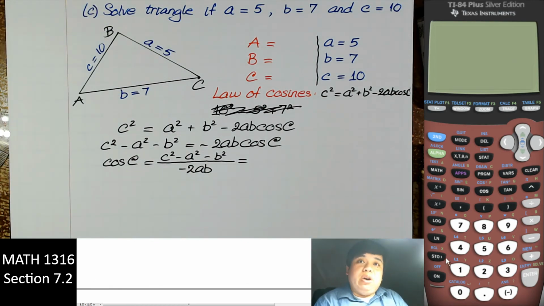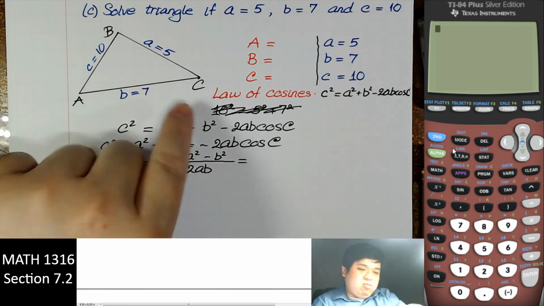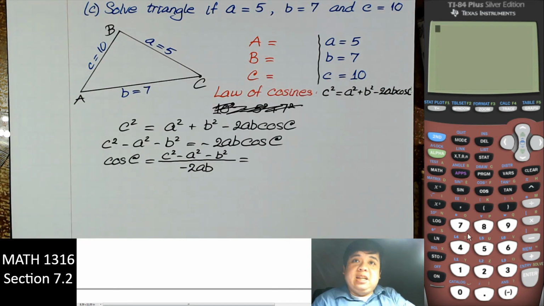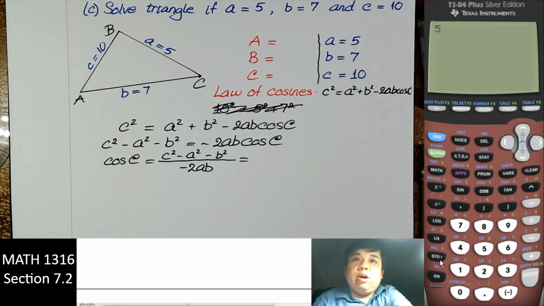Right, I will store the numbers. Or not, it doesn't matter. Let's store the numbers. A is 5, store into A. 7 store into B. And 10 store into C. Right.